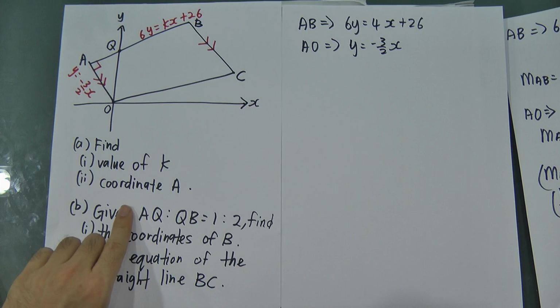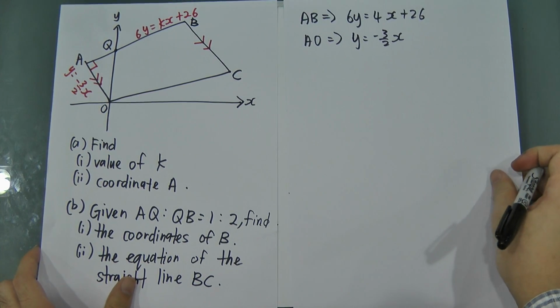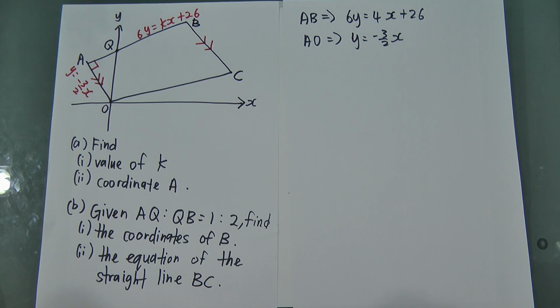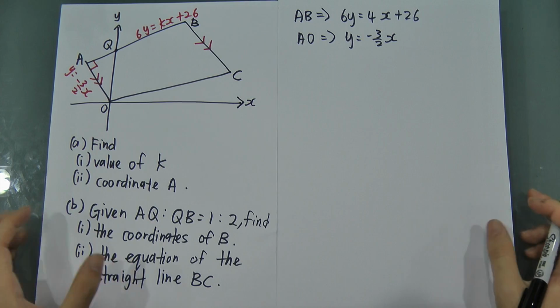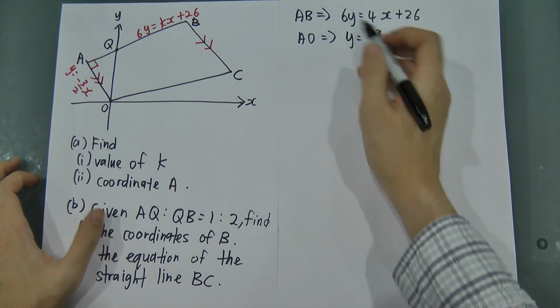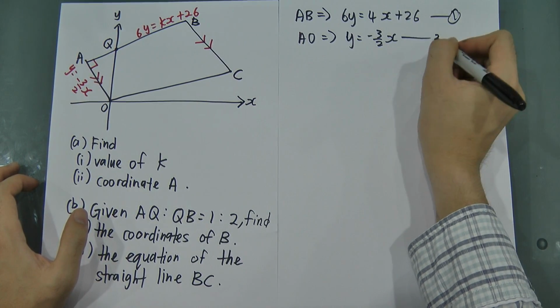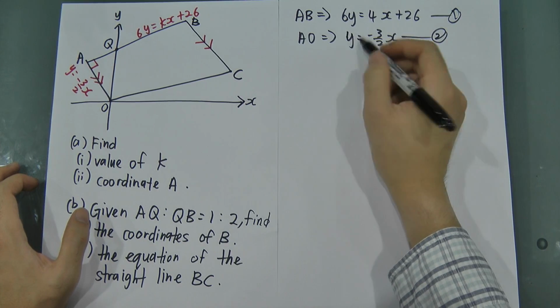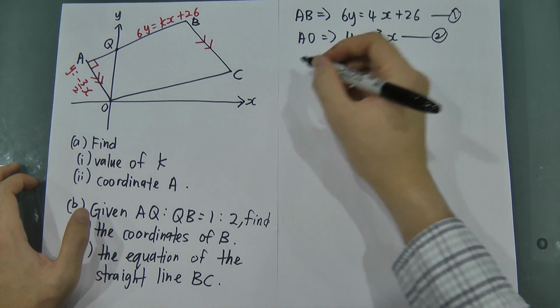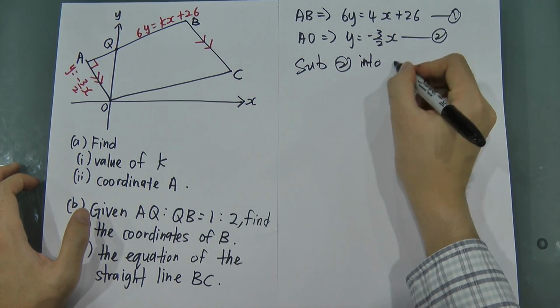Then it asks you to find the coordinate. I mentioned a few times, if the question asks you to find the coordinate, always link it to simultaneous equations. Most of the time it works. Whenever you need to do simultaneous equations, you need two equations, which I have here. I'm going to call this one 1 and this one 2. This is already in the subject of y, so I'm going to substitute 2 into 1.